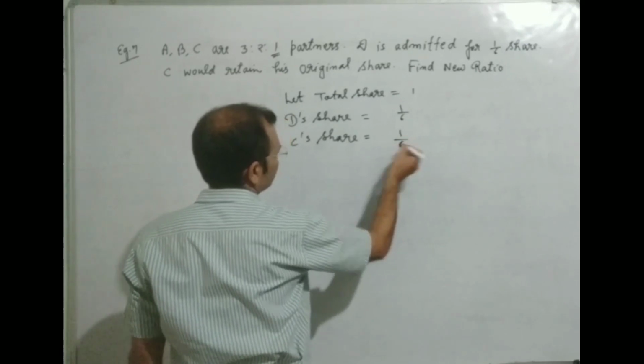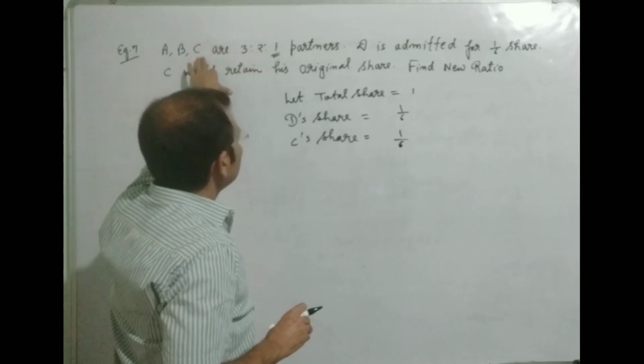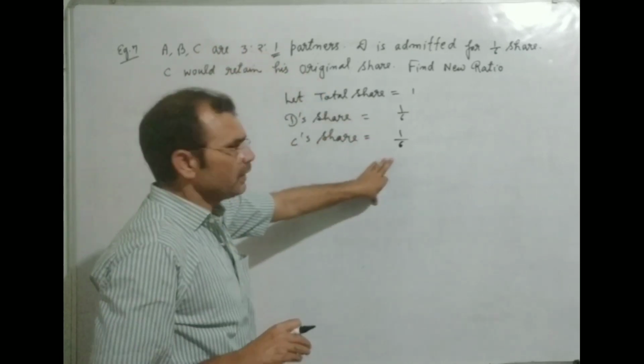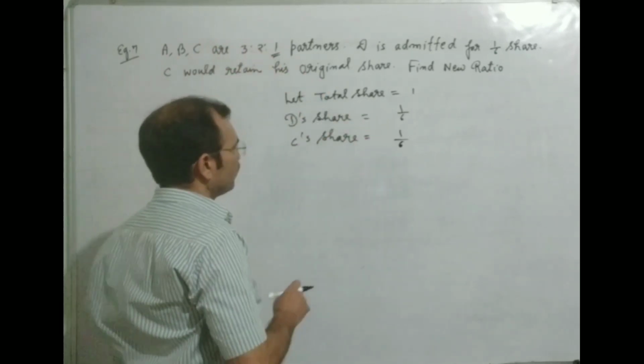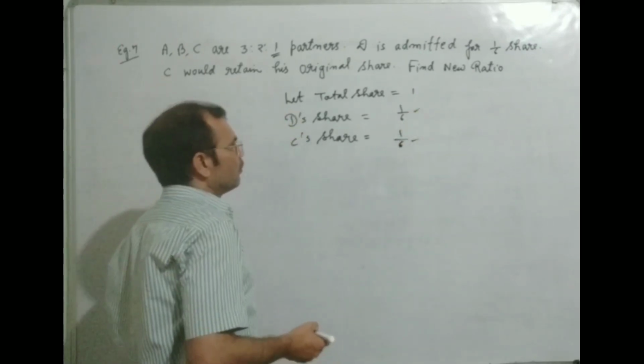C's part will not be affected, so C's part will also be 1/6 and D's part in the question is given as 1/6.